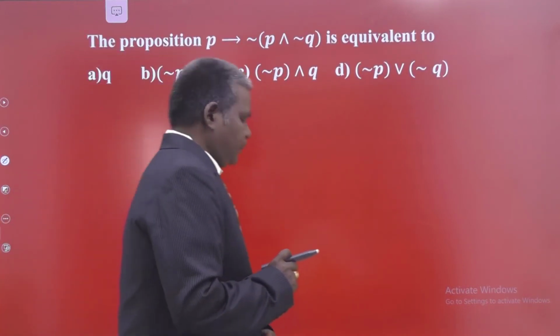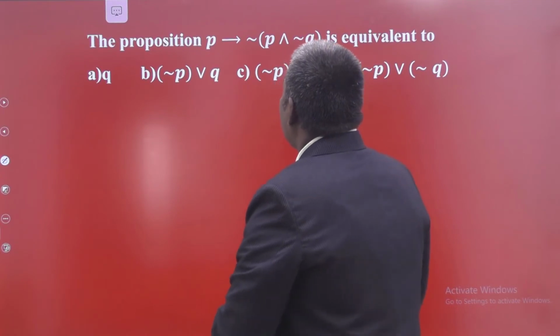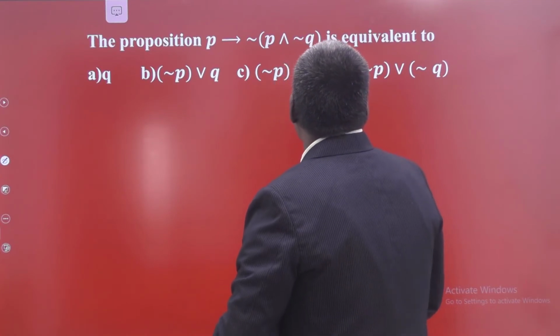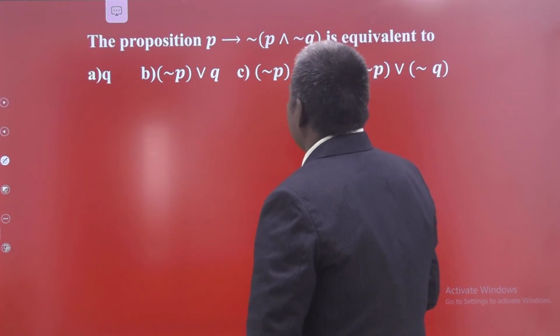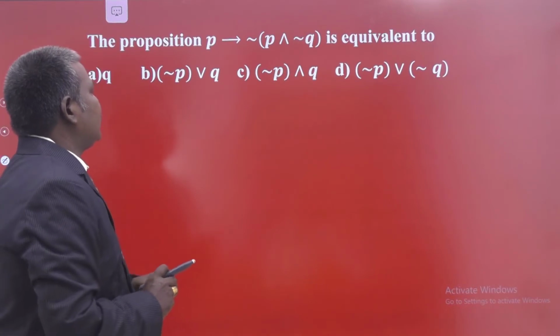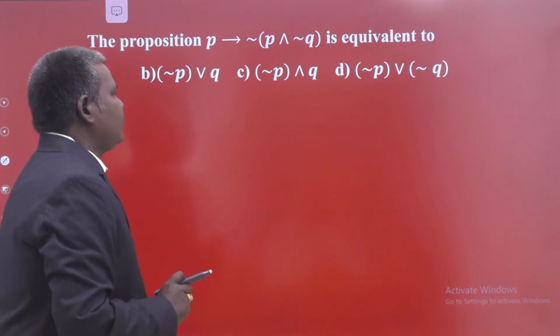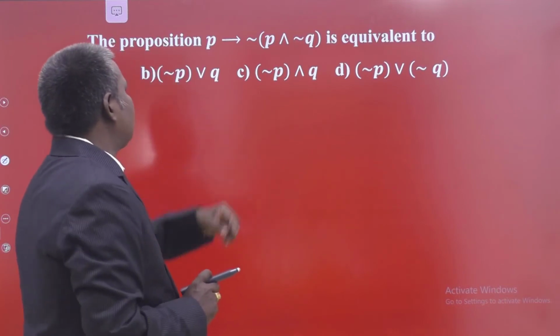See this one. The proposition P → (¬P ∧ ¬Q) is equivalent to what? The options are listed.